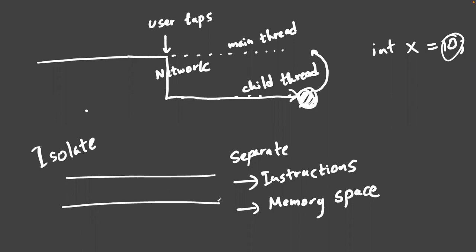But in Flutter, what we can do is pass messages from one thread to another. By passing messages we can overcome that problem, but it is not as easy as having shareable memory.